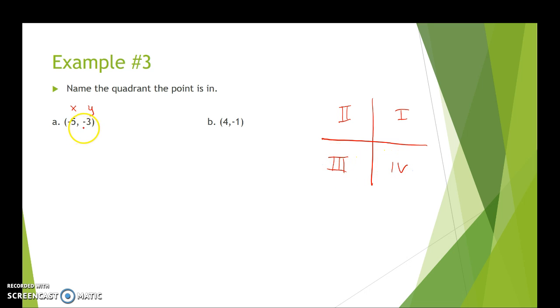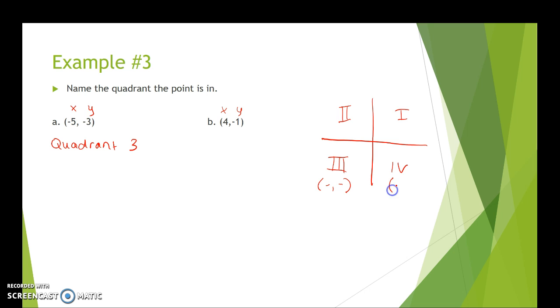So -5, -3, that's both negative x and negative y. Well, remember, negative x and negative y is going to be in quadrant 3, so we can label this as quadrant 3. And then for B here, we have 4, -1. So positive means my x value is positive, my y value is negative.